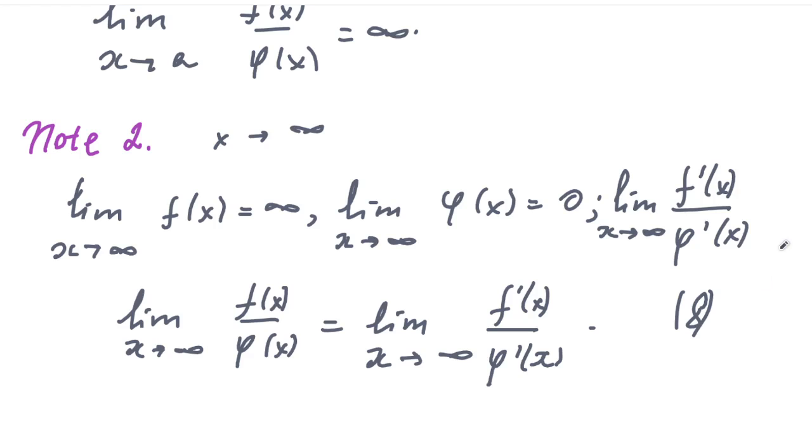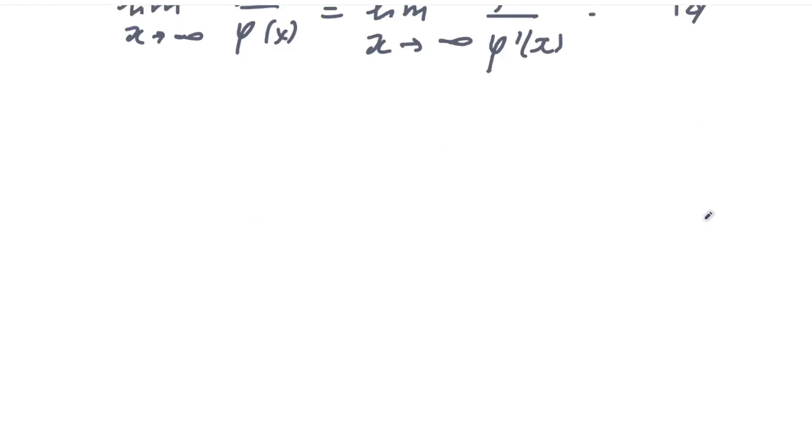The proof is performed by replacing x by 1 over z, as was done under similar conditions in the case of the indeterminate form 0 over 0.